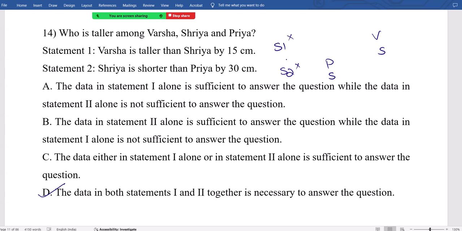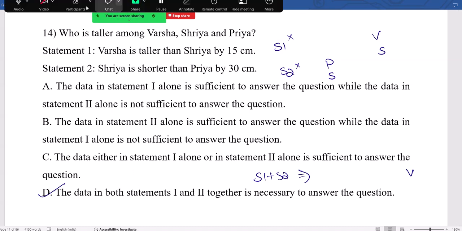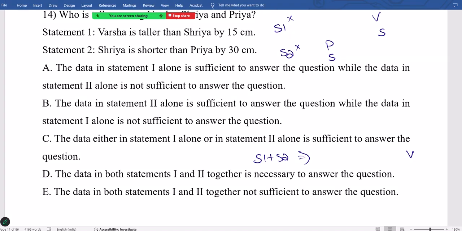But put together, both statements put together, we can put the order. Okay, is it put together sufficient or put together not sufficient? Guys, is it put together sufficient? Can we check once? If you go for together, right, Shreya is shorter than Priya. Varsha is taller than Shreya.